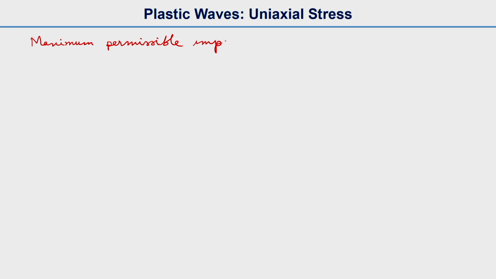Instead of V1, we will write V maximum. This is nothing but V1, and the word permissible means that it corresponds to necking instability.